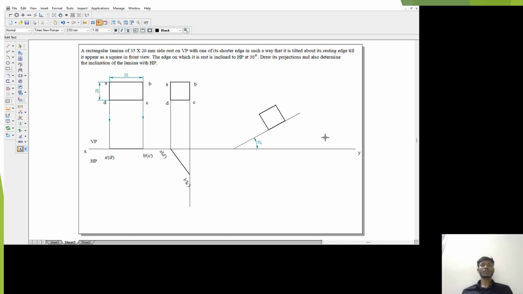Then go to annotation and mark lamina on VP, lamina inclined to VP, edge inclined to VP, HP, edge inclined to HP.